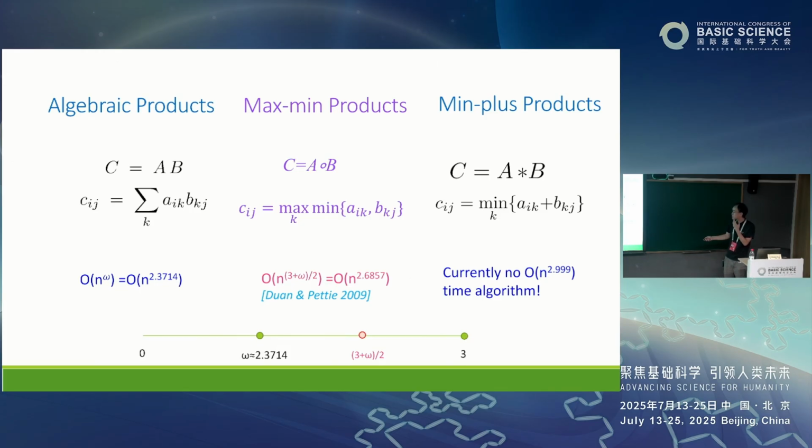So this will be 2.6857 like that. It's also using the fast matrix multiplication algorithm to accelerate.